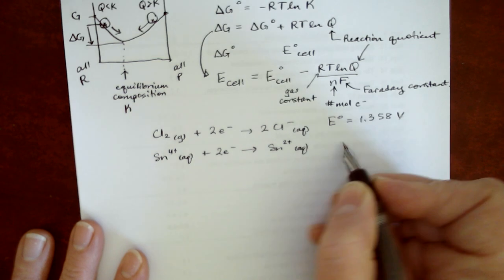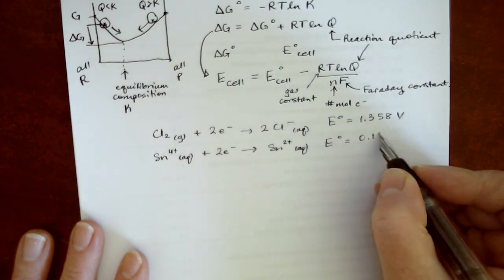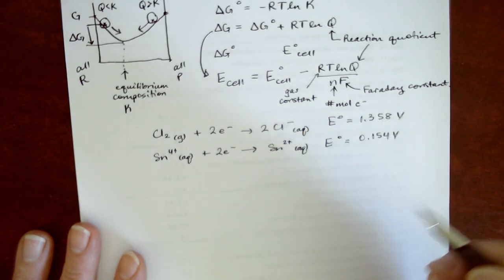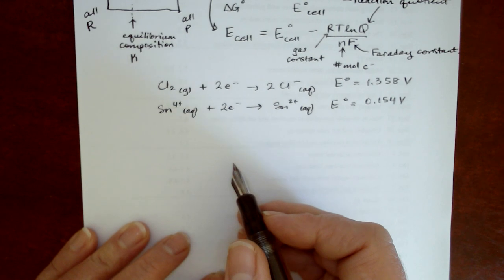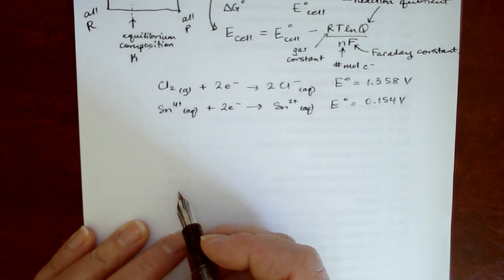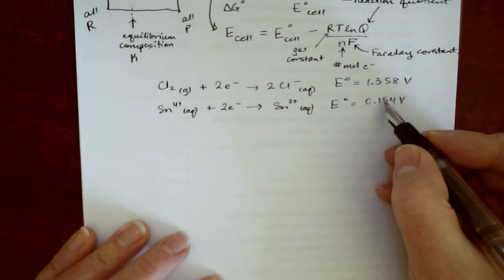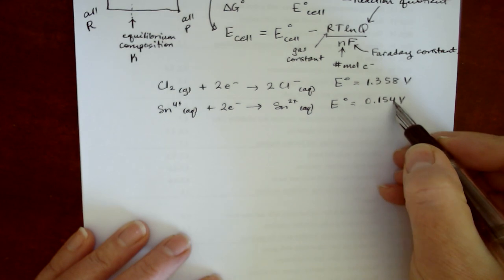Okay, so good practice right here for just one moment is to look at these two reduction potentials and decide which one of them is going to be the cathode and which one of them is the anode. So you can pause the video if you need some time to think about it. Otherwise, just take a moment there and think about that real quick.